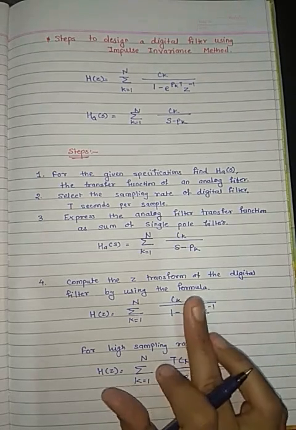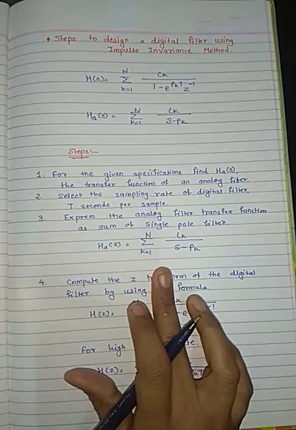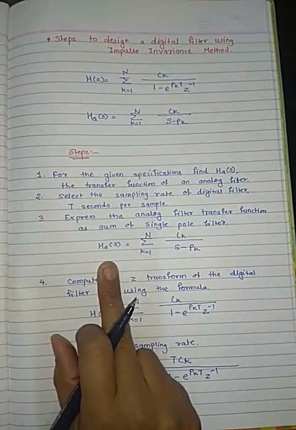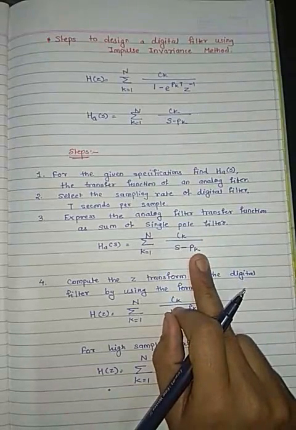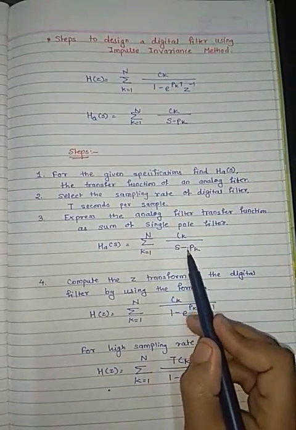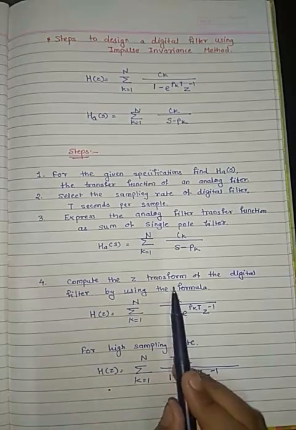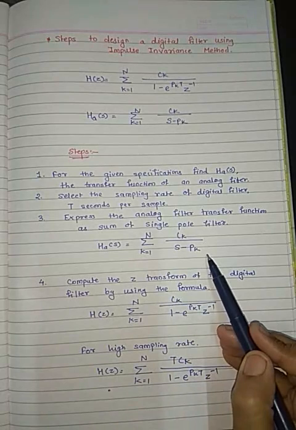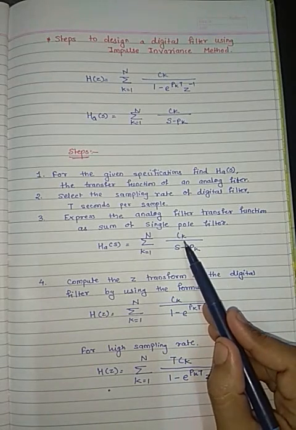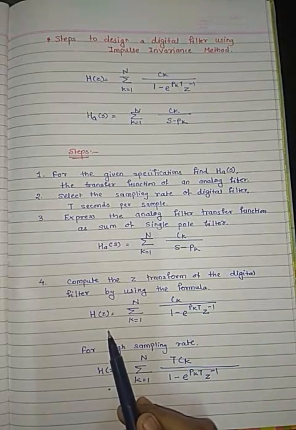We express our analog filter transfer function as a sum of single pole filters, that is HA(s) equal to the summation from k equal to 1 to N of ck divided by s minus pk. That means we just find the poles and coefficients here. Then we compute the Z transform of the digital filter using this formula. The ck and pk derived from the earlier step we replace here to find the H(z) value.